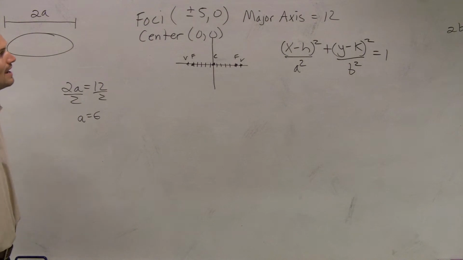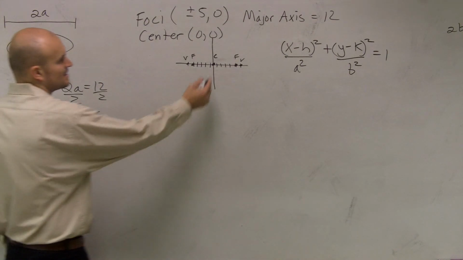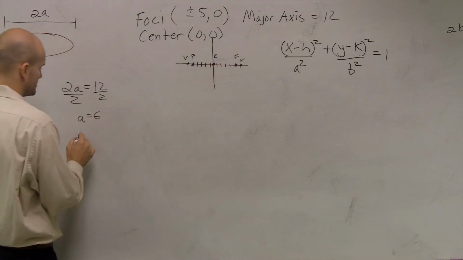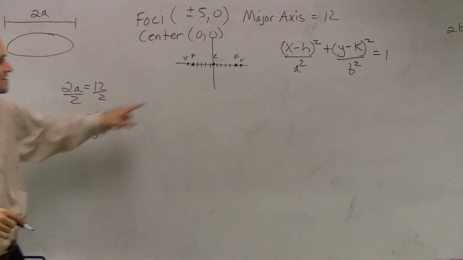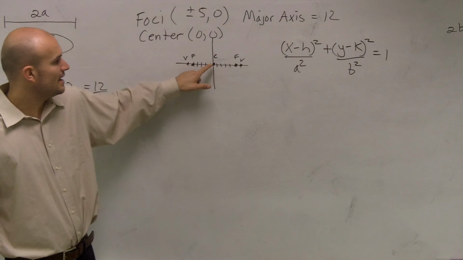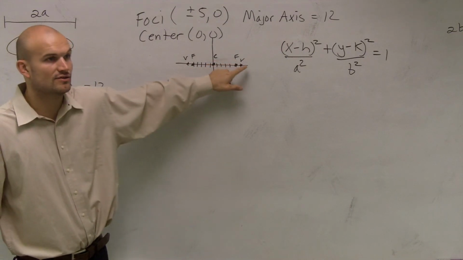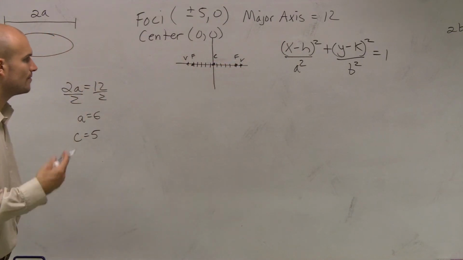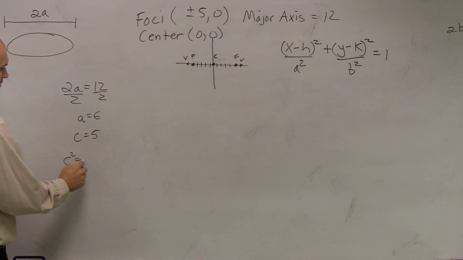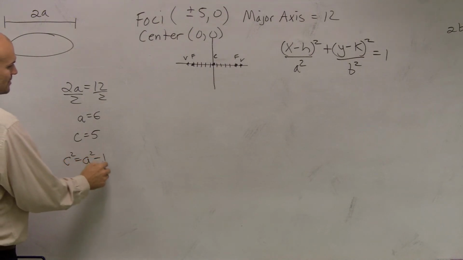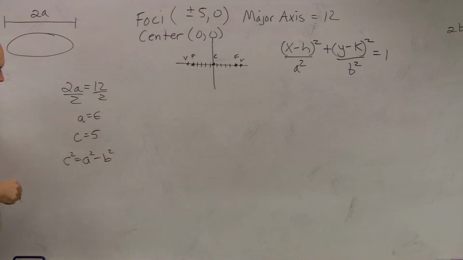We know what c is, as c is the distance from our center to our foci, so c equals 5. A is the distance from your center to your vertices. To find b, remember, c squared equals a squared minus b squared.